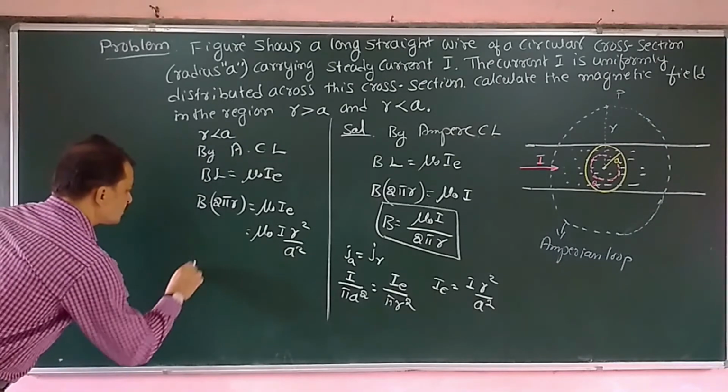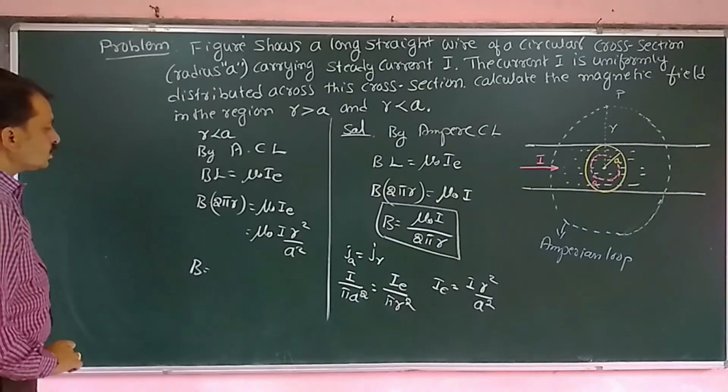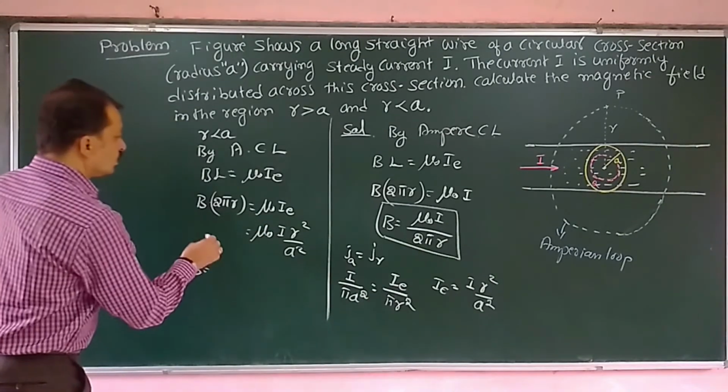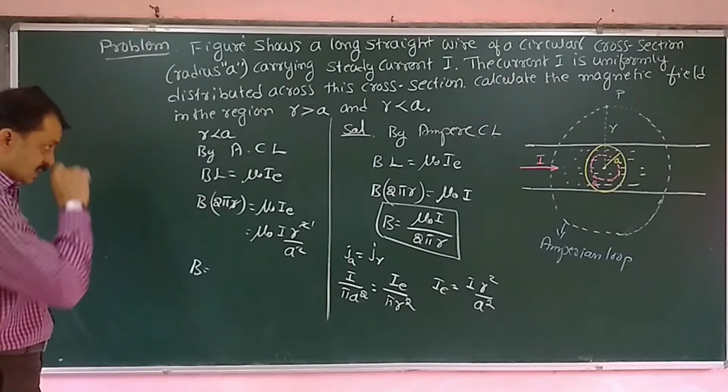Therefore, the expression for magnetic field here in this case is equal to, now one r gets cancelled.